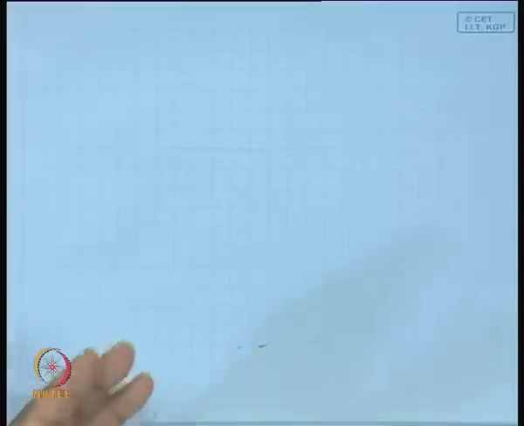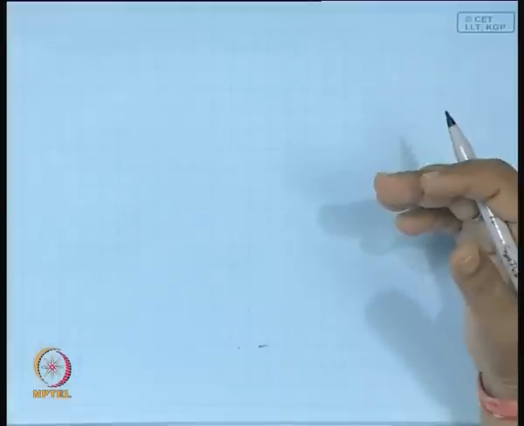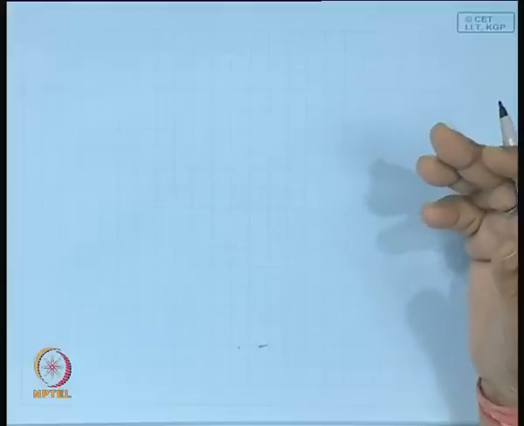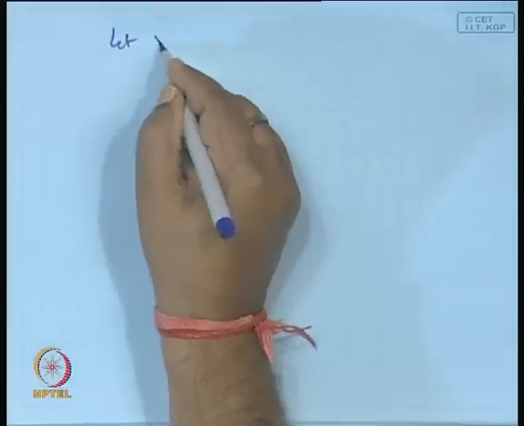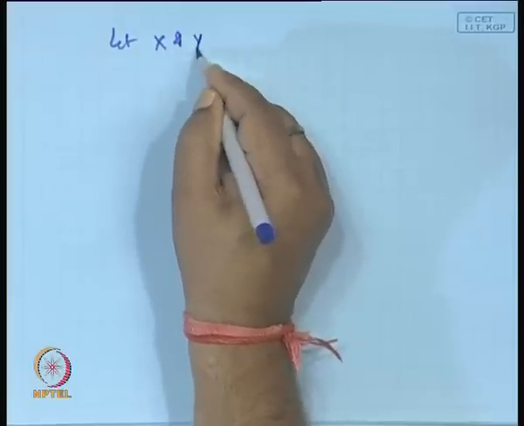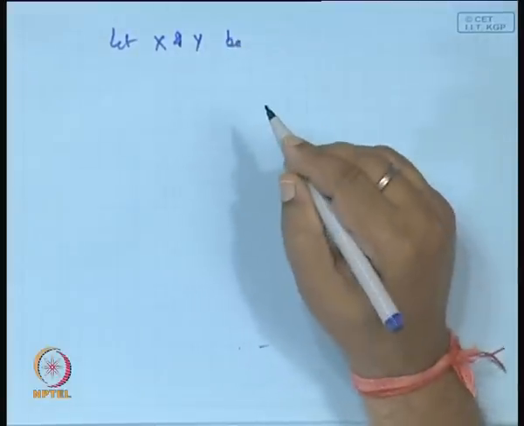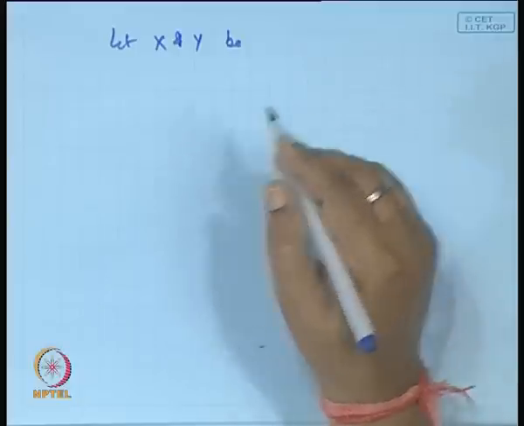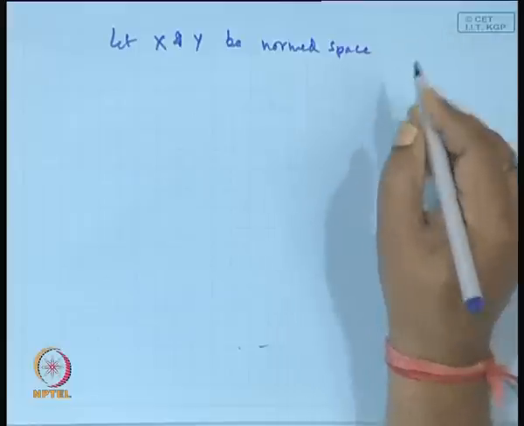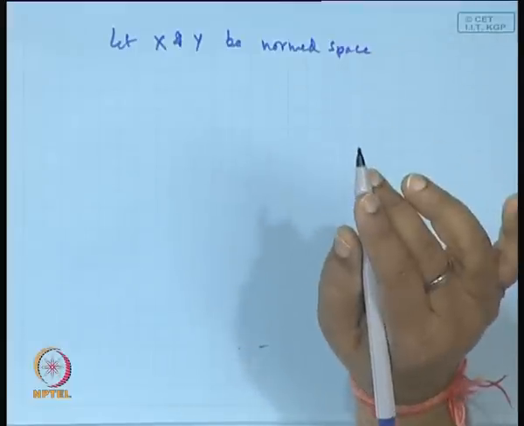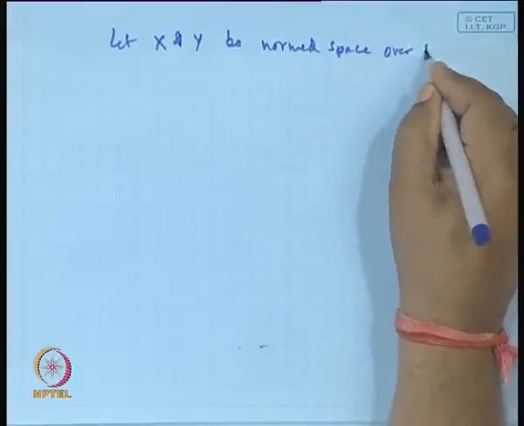Now, we are switching to an arbitrary case in infinite dimensional normed spaces. So, let X and Y be normed spaces, need not be finite dimensional, over the same field.